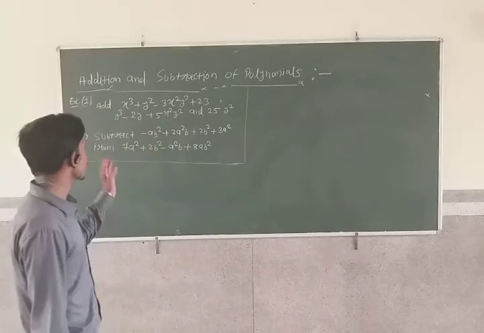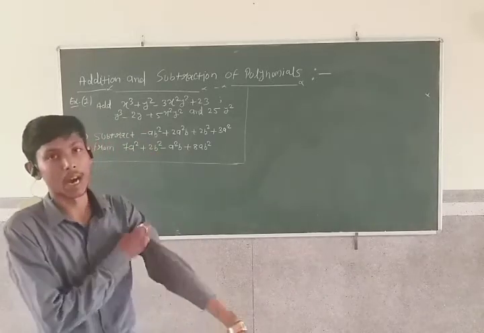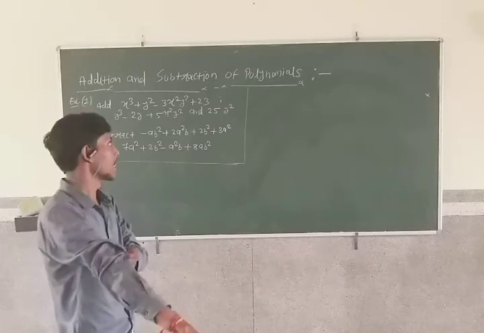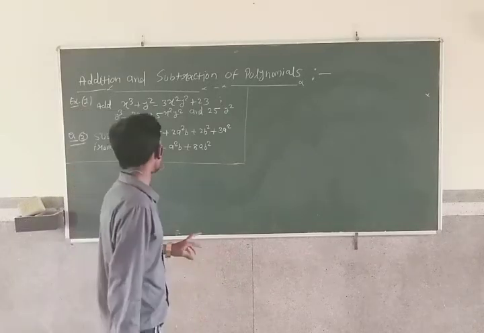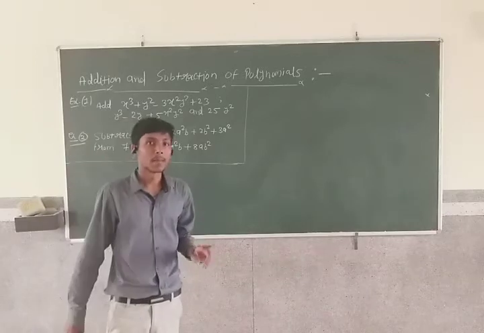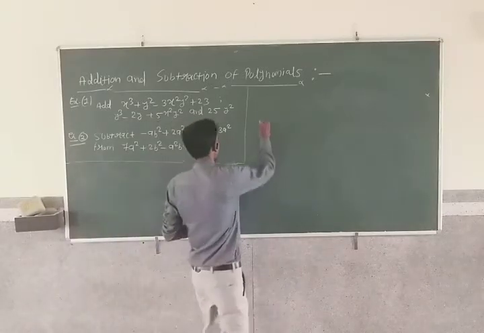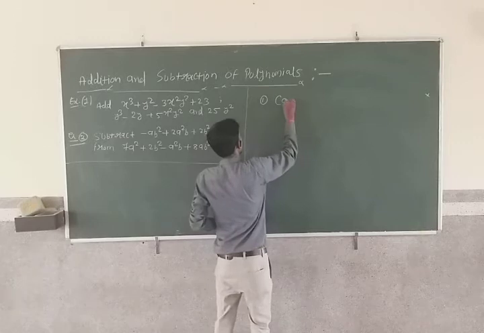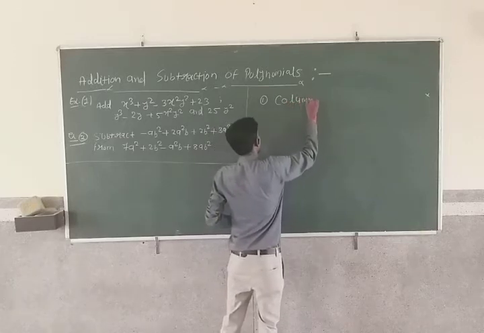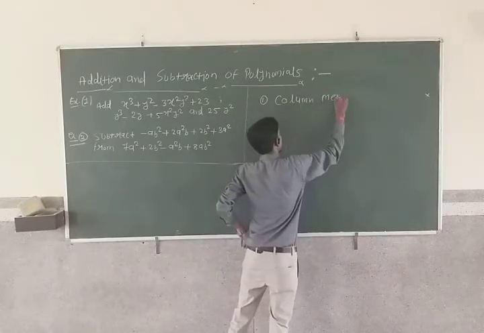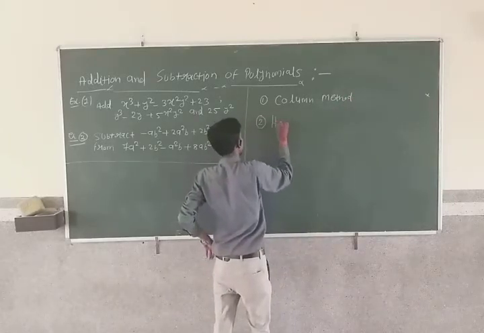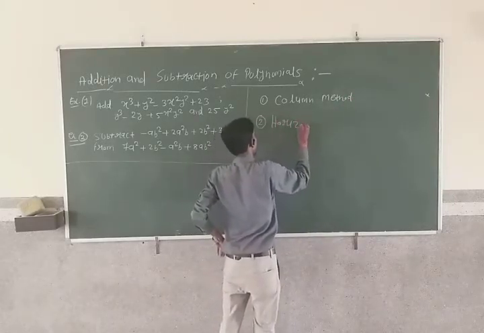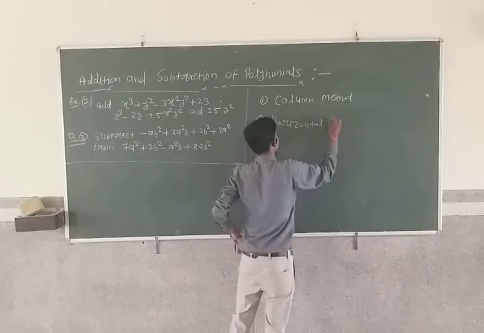What is addition and subtraction of polynomials? How to add and subtract polynomials? We can add and subtract polynomials by two methods. Method one is the column method, and method number two is the horizontal method.